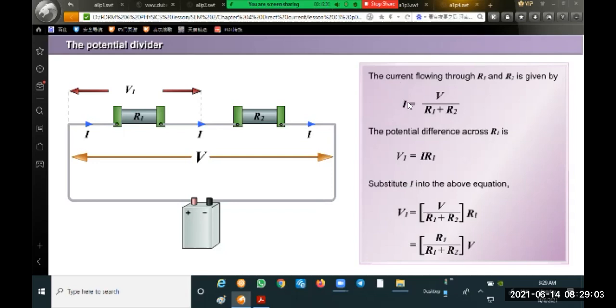Once we get the current, it is the effective current in the circuit, I total, where in series I total equals I1 equals I2.